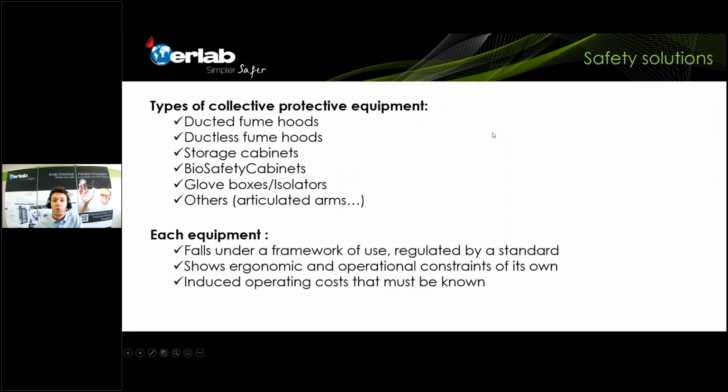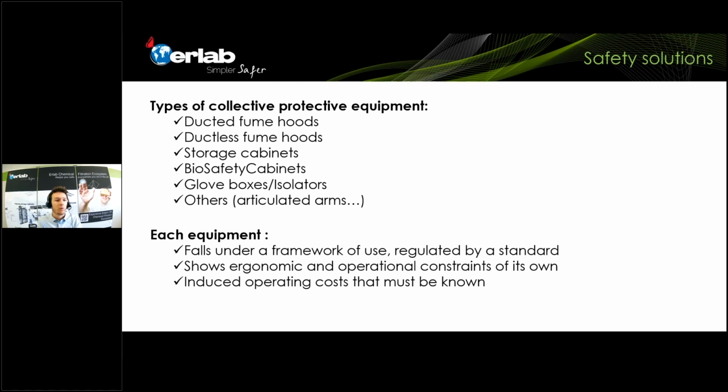So what are the different ventilated enclosures that we can offer? Or what are the different possibilities in terms of safety solutions? These are collective protective equipments. As I said in the previous slide, when we talked about the methodology, they are collective protective equipments, and these are the best means of equipment instead of personal equipment. That's also important, but of course, when you talk about risk in general in the lab, you need collective protective equipment.